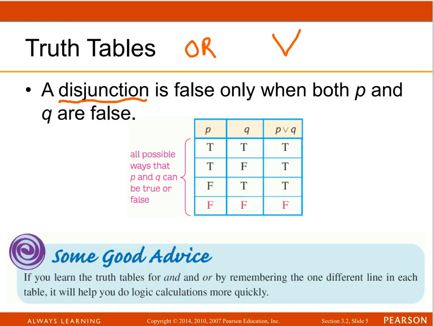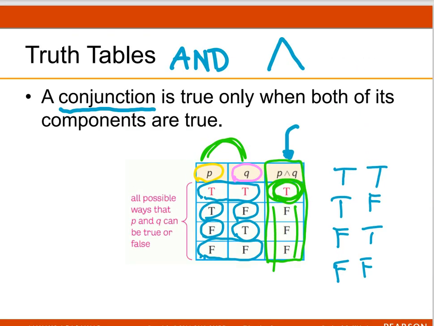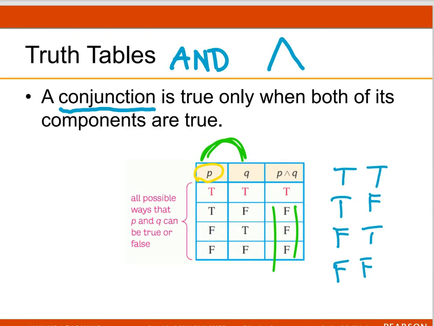It doesn't matter. So it says a disjunction is false only when both statements are false. And you can see they show that at the bottom here. They highlighted it in pink. That is the only time a disjunction will be false. And I'm just going to slide back to the conjunction again. If you look at the conjunction, let me erase all this.